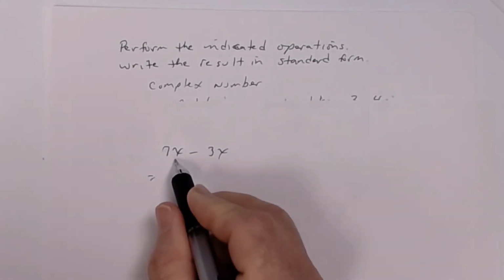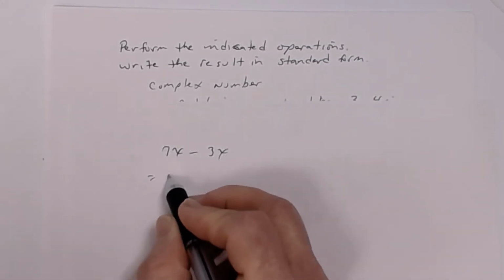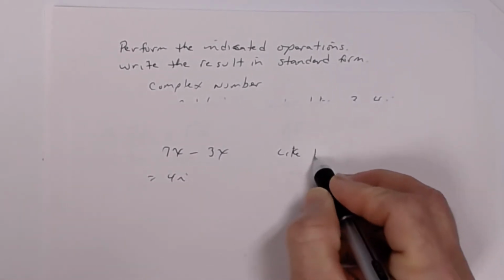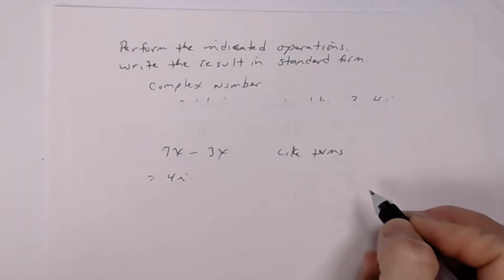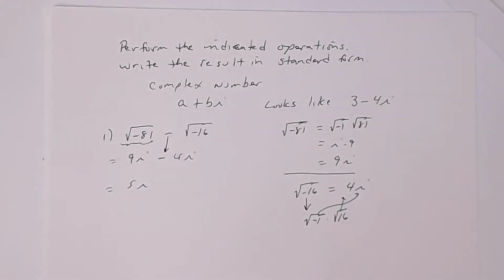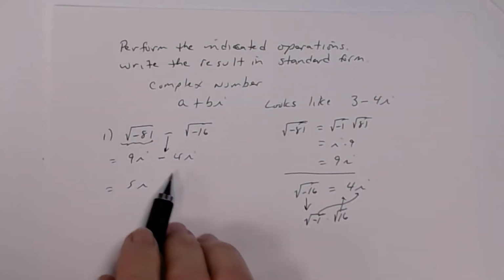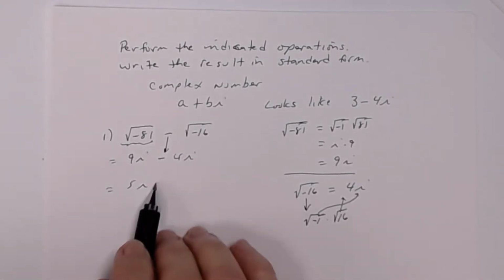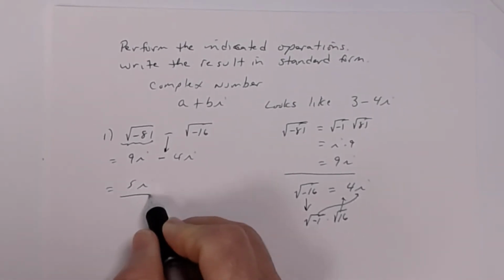So I have 7x's, and I'm taking away 3x's, so you're left with 4x's. These were like terms. Remember the word like terms. And so when we look at this right here, these two are like terms. Right? And so I have 9 i's, and I'm taking away 4i, you're left with 5i. And so there's your answer.